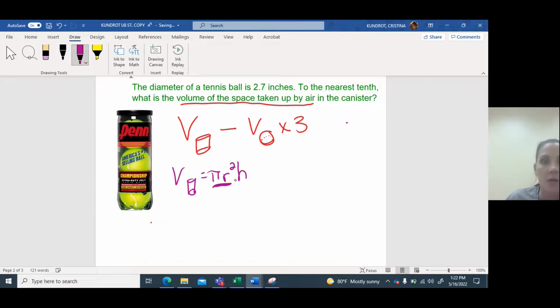This right here, pi r squared, should look very familiar to you because that is the formula for area of a circle. And if you think about what shape the base is of this canister, or cylinder, I should say, it is a circle. So you literally take the area of that and then you multiply it by the height, and that is what gives you the volume.